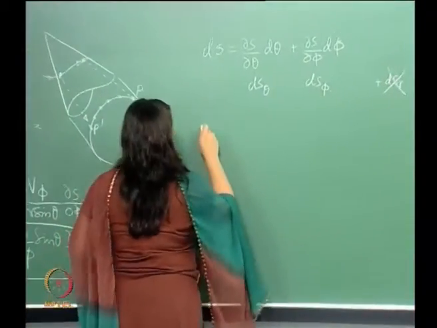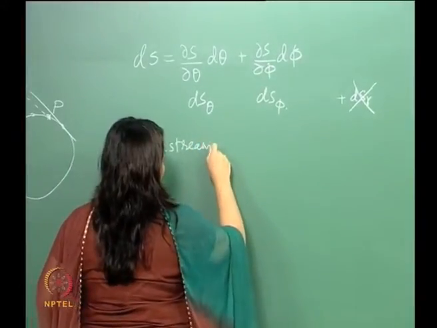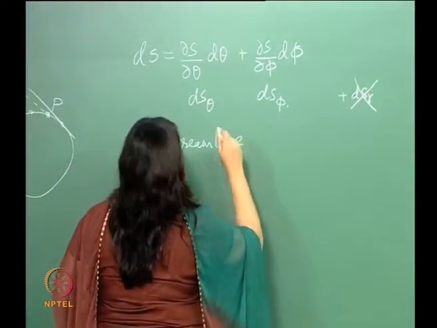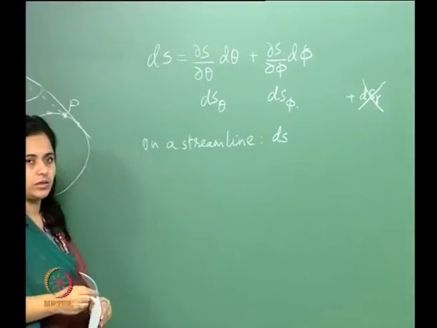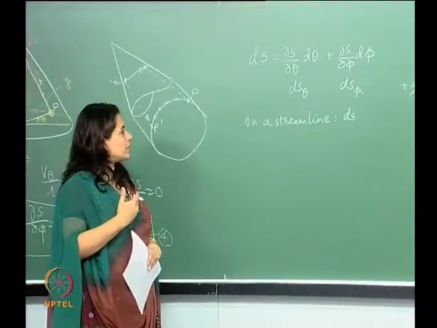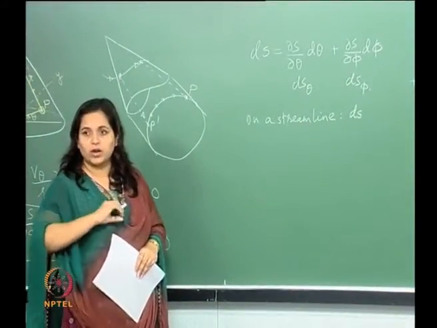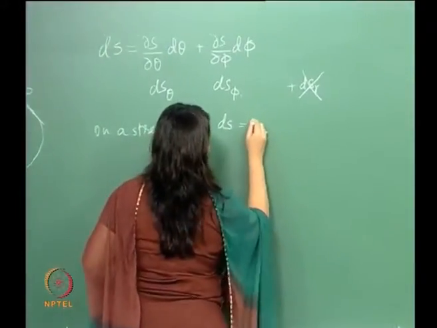Now, on a streamline, ds is what? There is no change in the entropy, because it is single valued on one particular streamline, so it is equal to this.